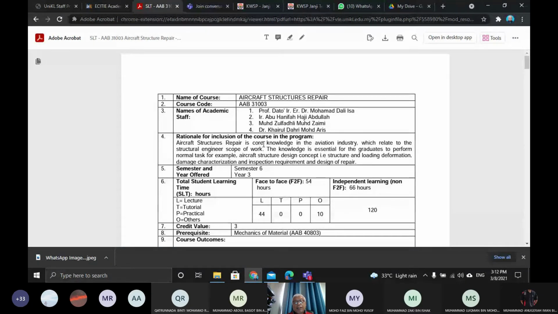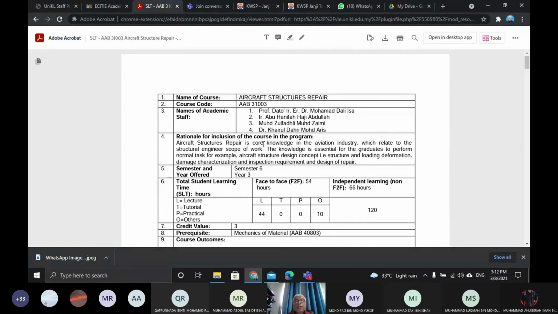Or you may end up working for the OEM, Boeing, Airbus, Piper, whoever manufactured the aircraft, as structure engineer, because the knowledge and the skill that you have from here able you to design, analyze structure, and most importantly to calculate the factor of safety.